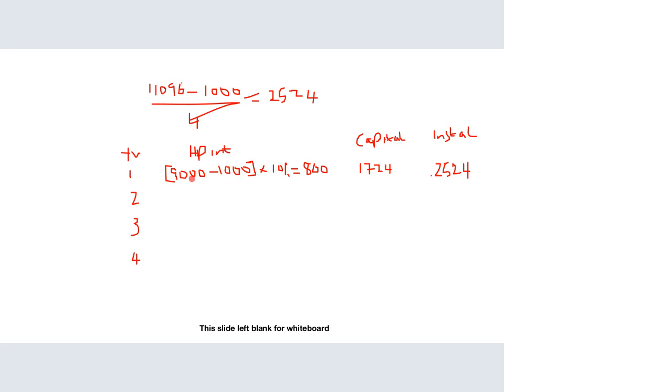So what we have is now 8,000 plus the hire purchase interest for year 1, which is 800, minus the installment that has been paid for year 1, which is 2524.